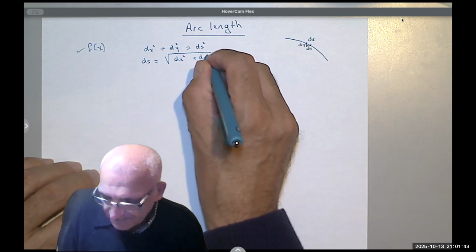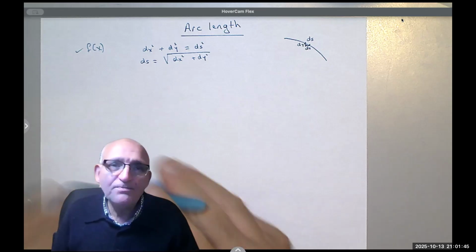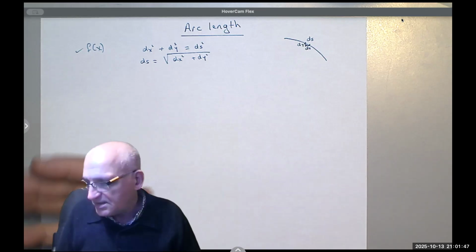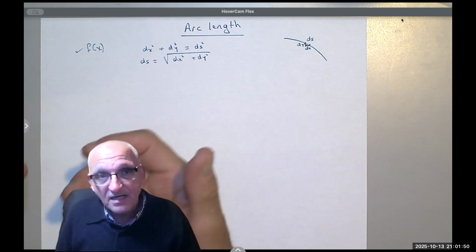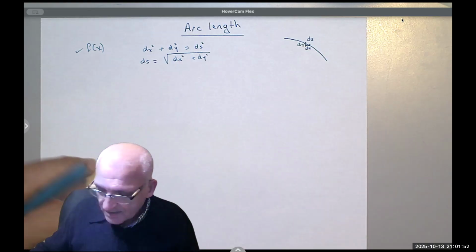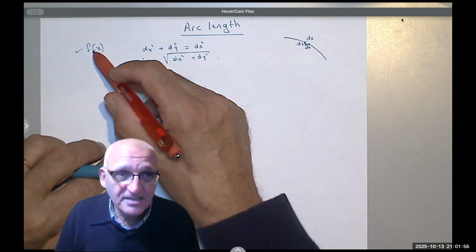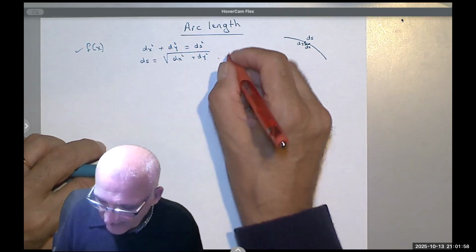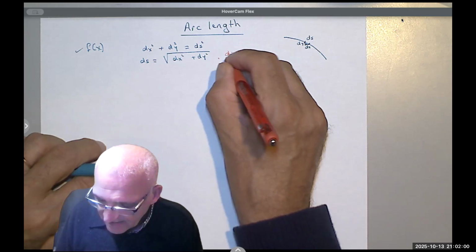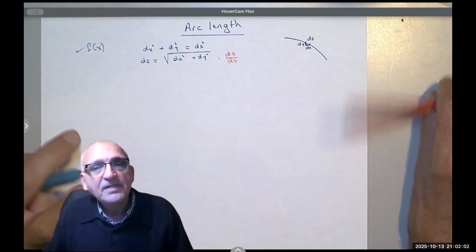dy squared. Now, the trick we play so that we can find the length of the arc is to multiply, say, outside, if we have the function as f of x, is to multiply by dx and divide by dx.